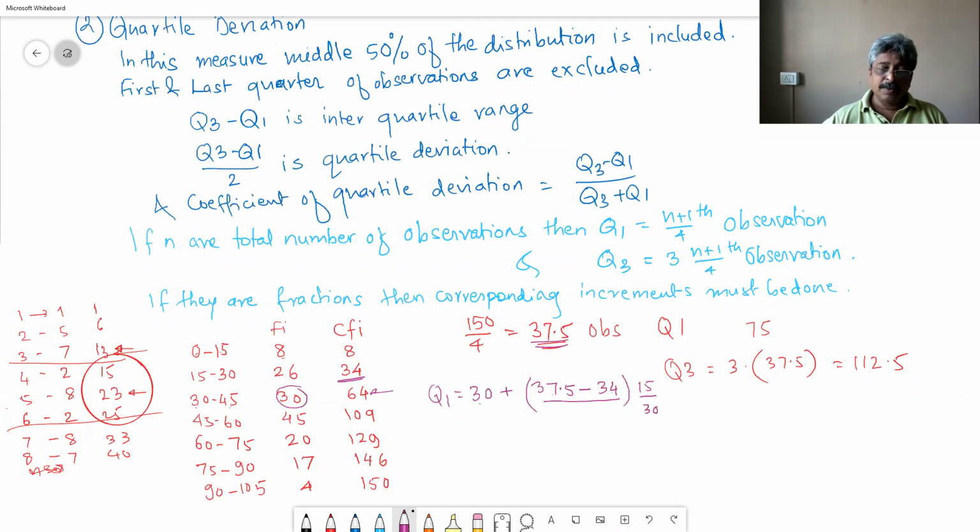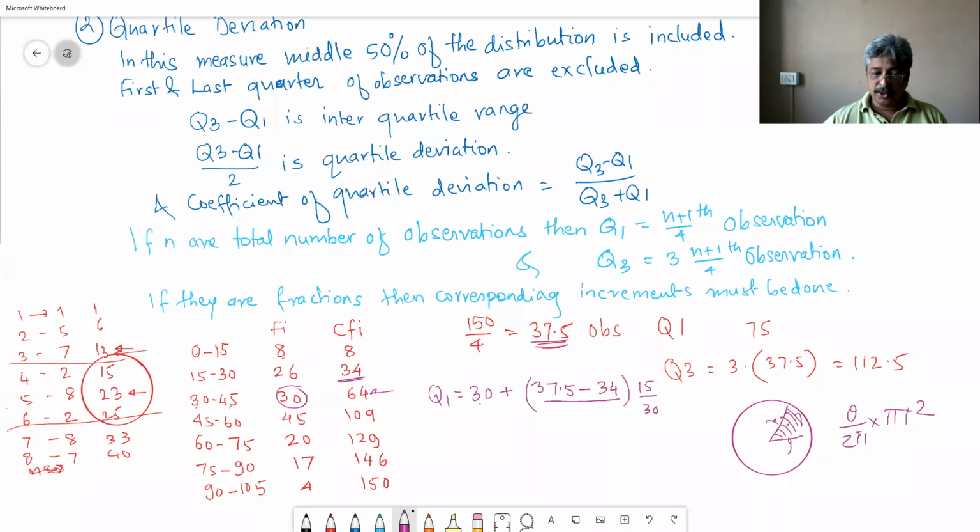Just like we find the area of a sector, if the angle is theta, then theta upon 2 pi is the ratio, multiplied by the area of the circle, pi r squared. Similarly, in this interval I want to go ahead 7.5 from 30. So I distribute these 30 equally and find out how much I should go ahead for getting 37.5.